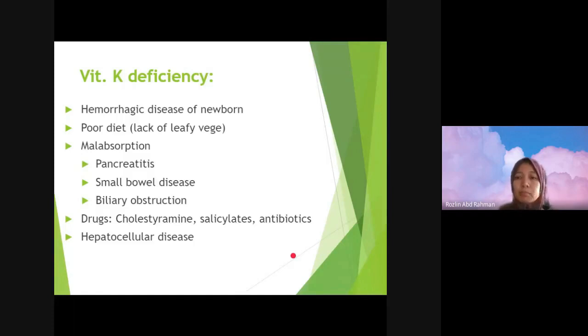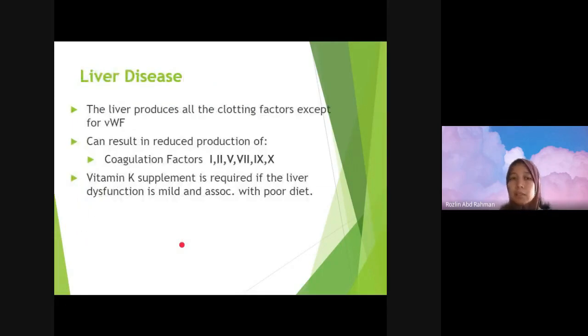Alright. And certain drugs or certain systemic diseases can cause malabsorption of vitamin K, causing the patient to have deficiency as well. Alright, liver disease. The liver produces a lot of clotting factors except von Willebrand factor. It doesn't produce that. Okay, so anything that damages your liver can affect clotting factor production.